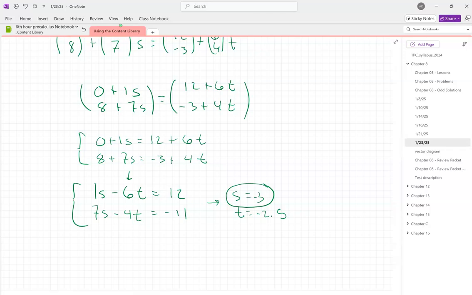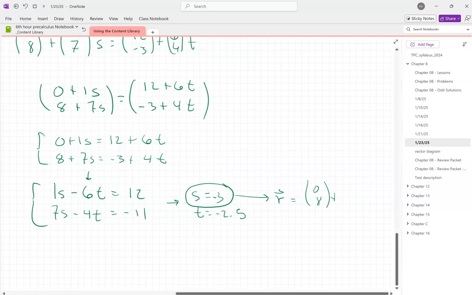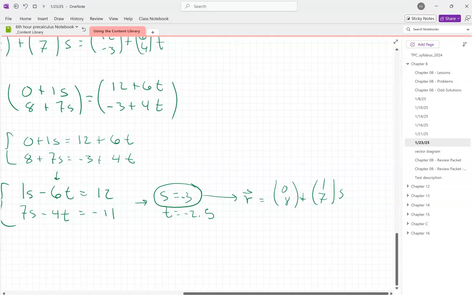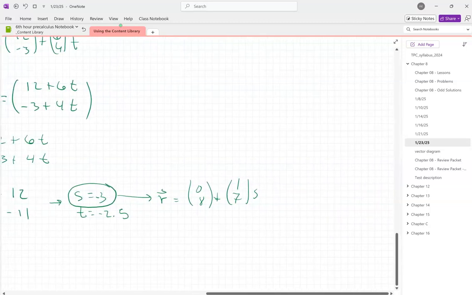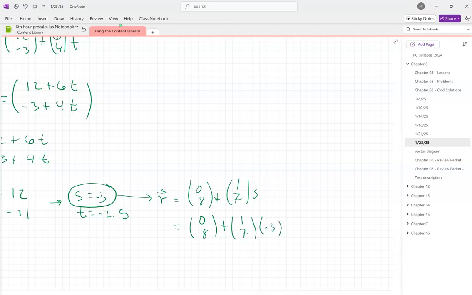Then I'm going to plug this into the equation that had the S in it. So I'm plugging into this one. That was the S equation. S has got to go into the S equation. Can't plug S in for T.